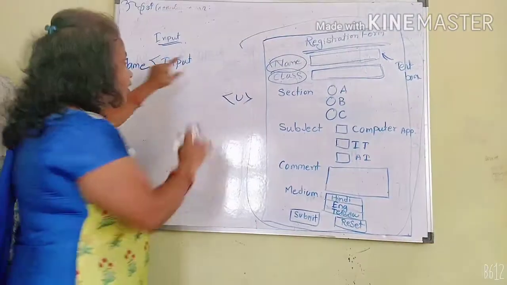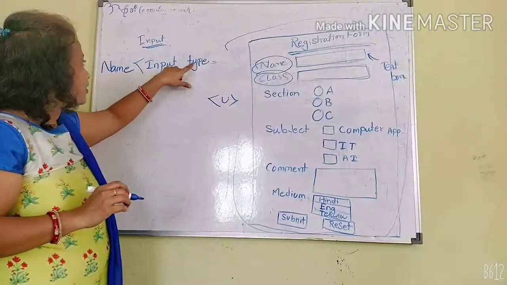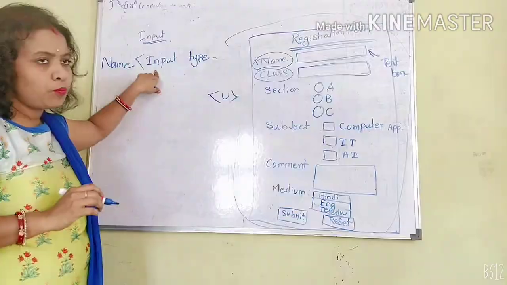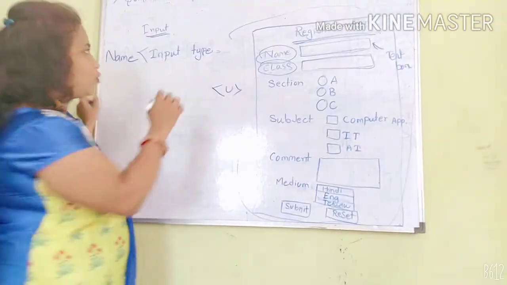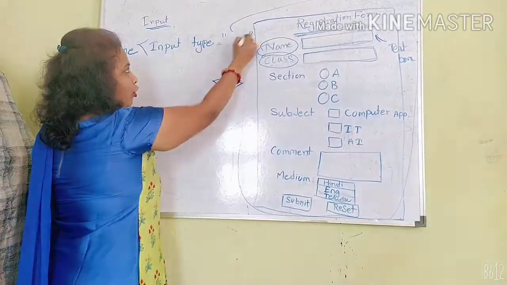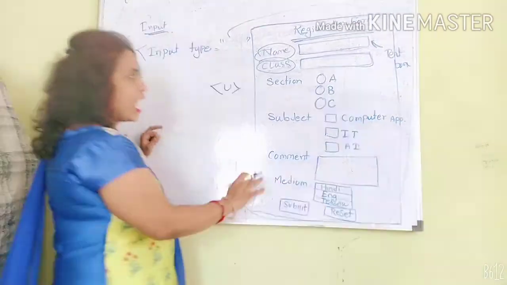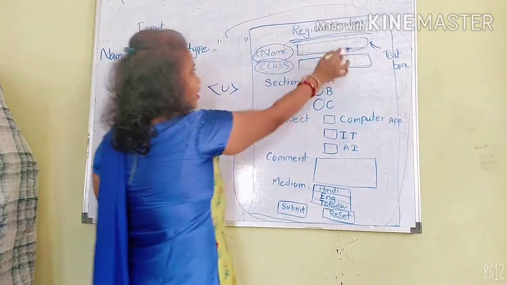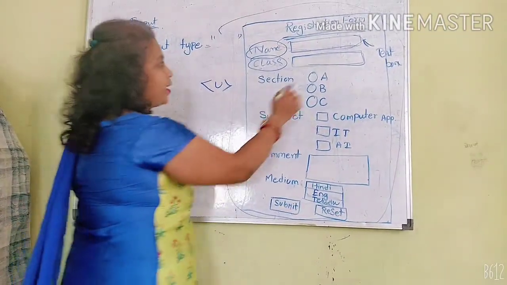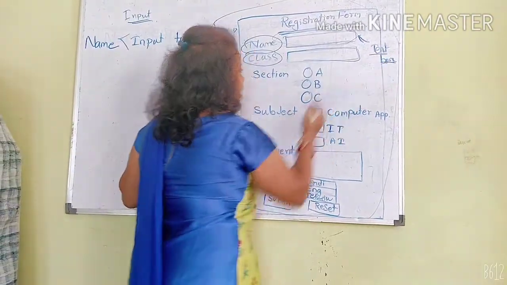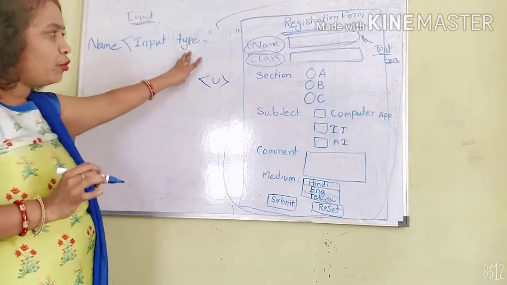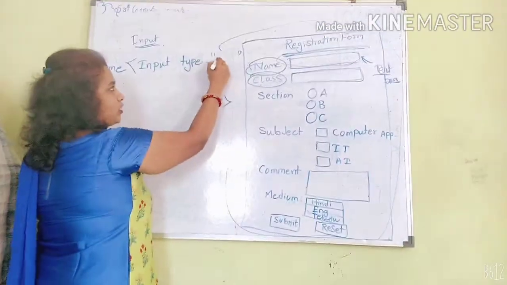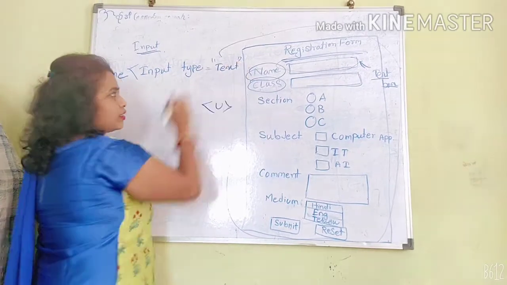Afterwards, input. Here type is an attribute of input, which is mainly used for the type of control or type of box. As I'm saying, this is a single line control, mainly a text box. You just have to put the name of the box, that is text here.